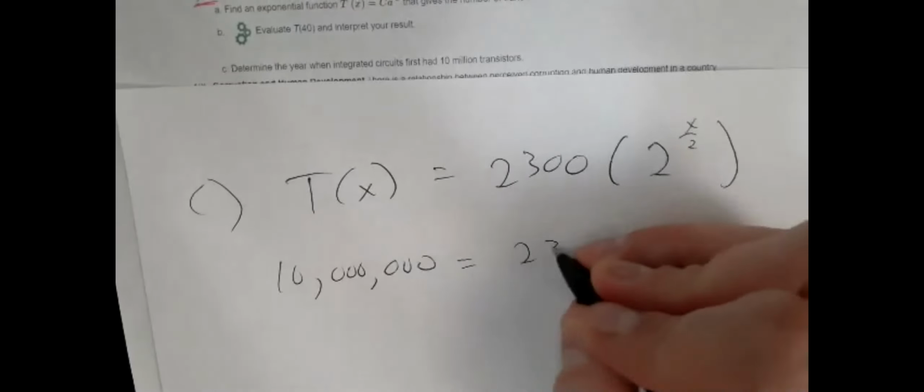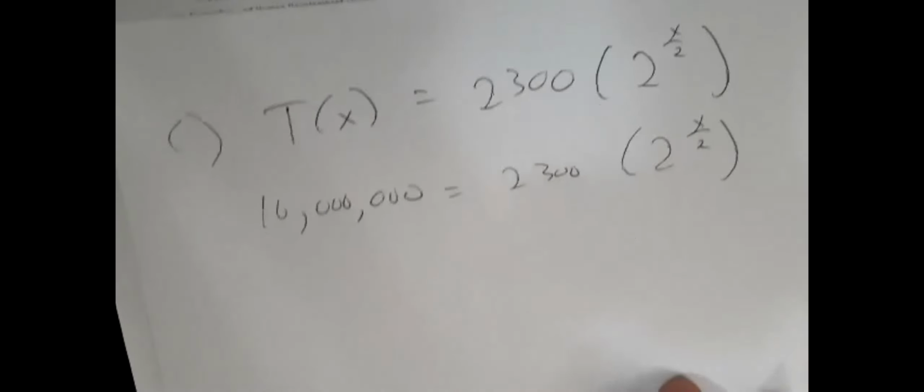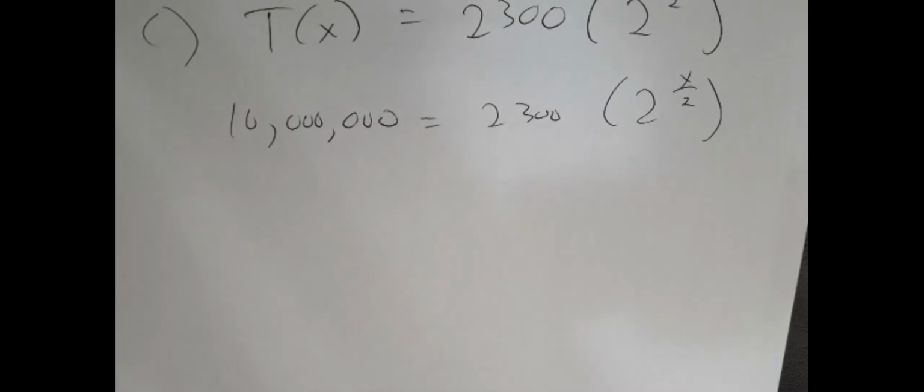What are they giving us here? If they say 10 million transistors, where can I plug that in? For your T value. For my T value, so now this is 10 million. This is 2300 times 2 to the x divided by 2. So what are the steps to solving this?